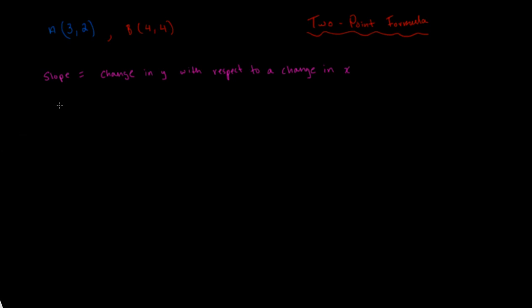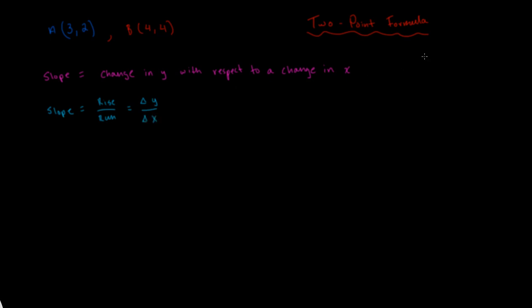We could say that slope is equal to rise over run. The rise, which is how high or low or how much it rises or falls on the y-axis, over the run, which is how far it travels either left or right on the x-axis. And this is equal to the change in y, which we can denote as delta y over delta x.